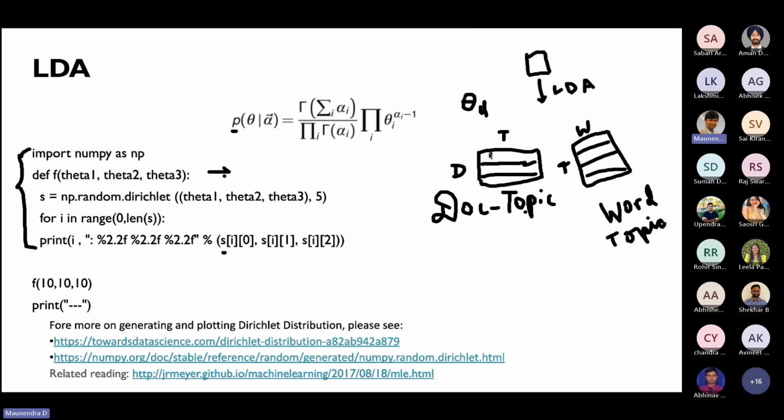Yeah. This theta1 is a vector. The collection of theta t's will make a matrix that we get as output. And similarly, this will be invoked for the other side also. But here the number of dimensions will be equal to the number of words, because for each topic we are trying to identify the distribution of words. Got it, sir.